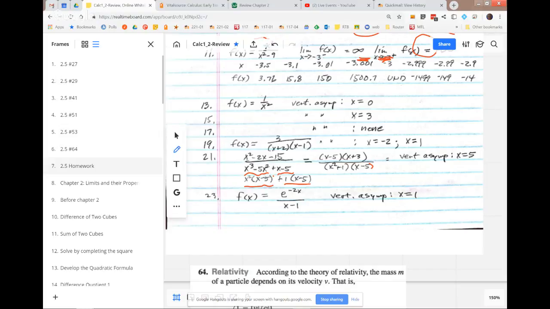Now, actually I believe I have this wrong. The x minus 5s cancel, right? So what does that mean? There's a hole there. So this is actually wrong. There's a hole at x equals 5. And then, how do you solve this?